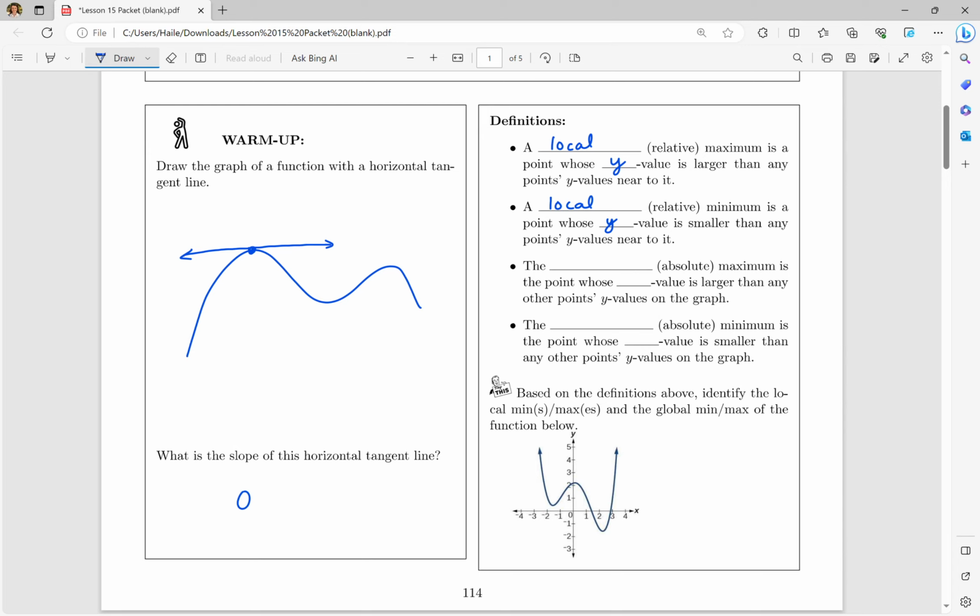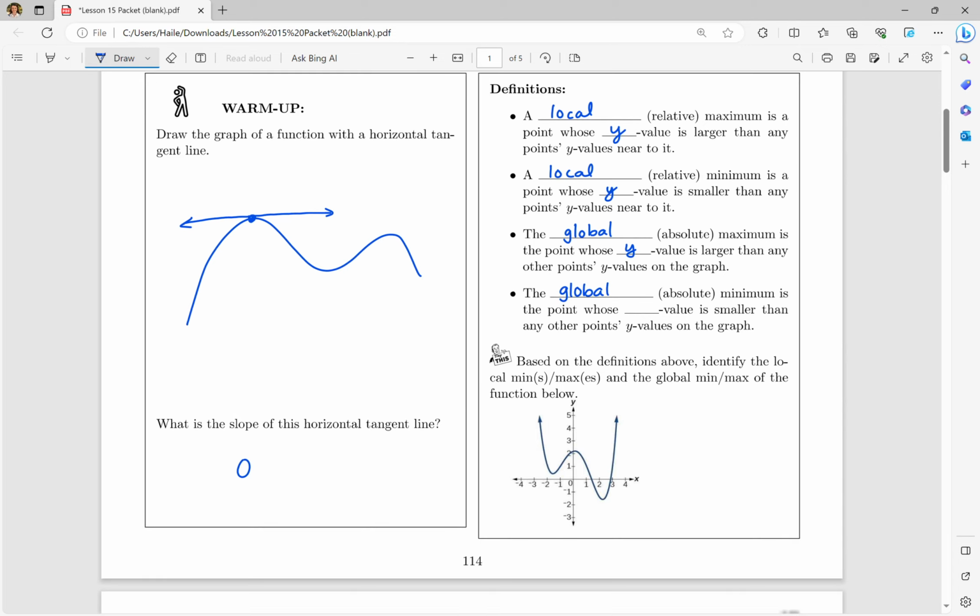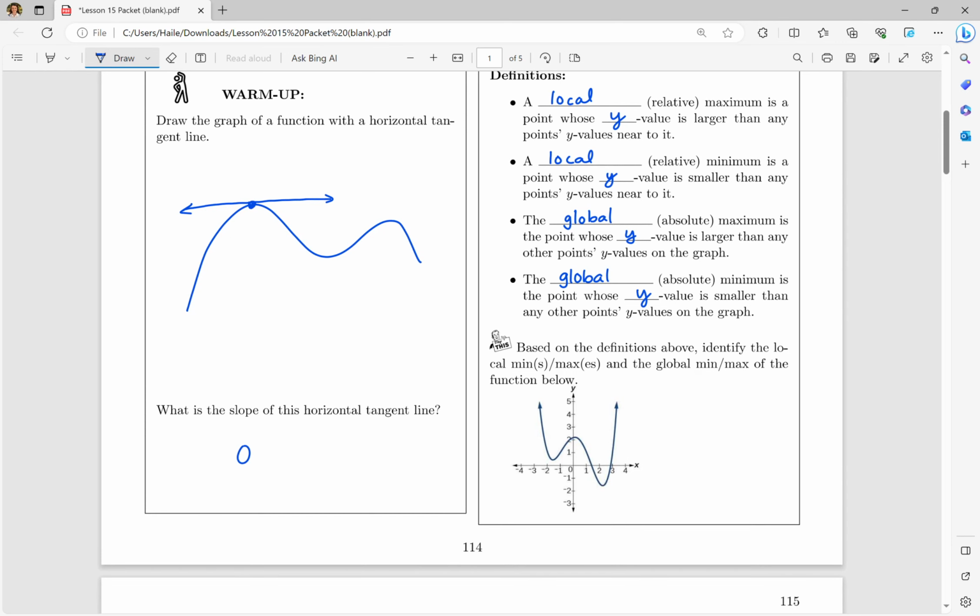We also have the global or absolute maximum is the point whose y value is larger than any other point's y values on the graph. And finally, the global or absolute minimum is the point whose y value is smaller than any other point's y values on the graph.